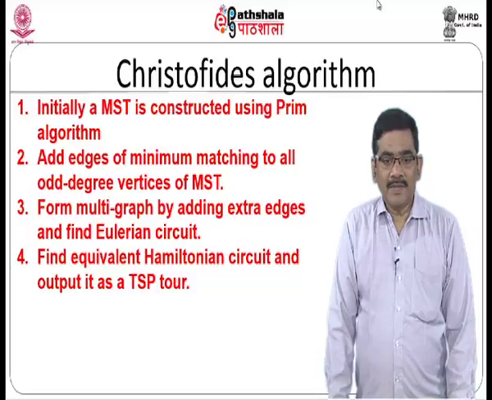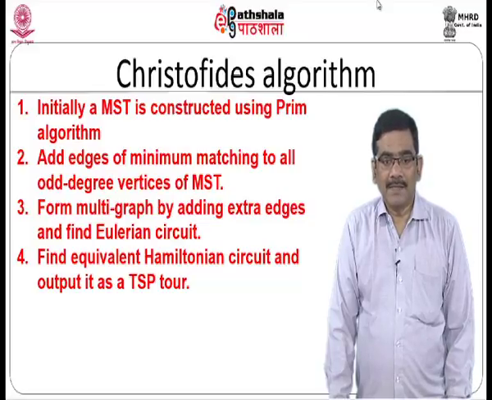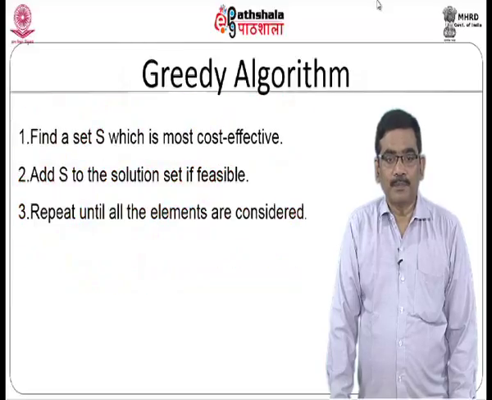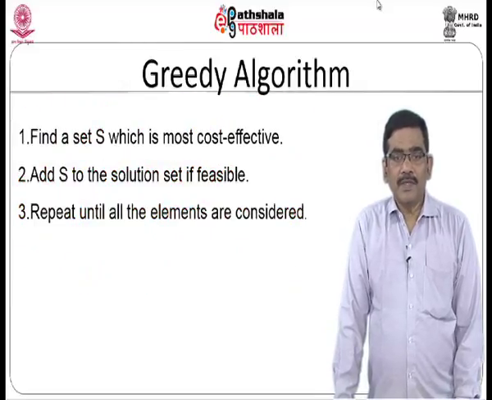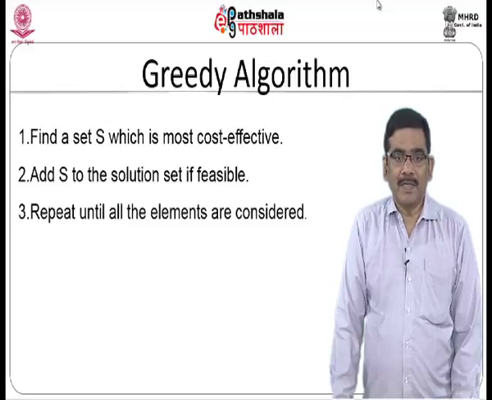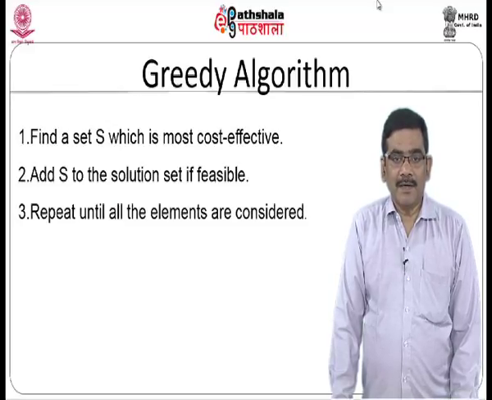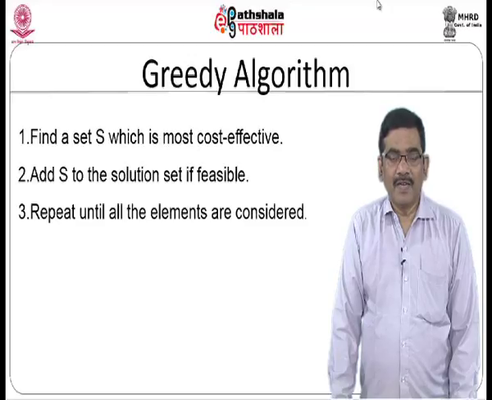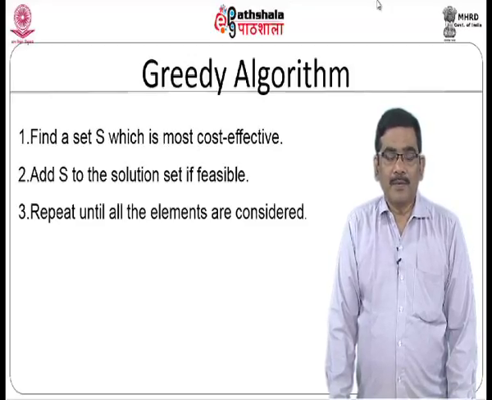Then from this you construct the Hamiltonian circuit and output that as a traveling salesman tour. Heuristics are a nice way to design approximation algorithms, but as I said earlier, heuristics normally work, but occasionally they may fail also. So, we have to take care of this particular point.